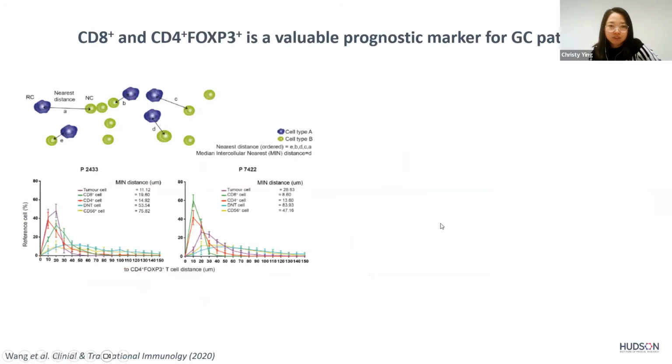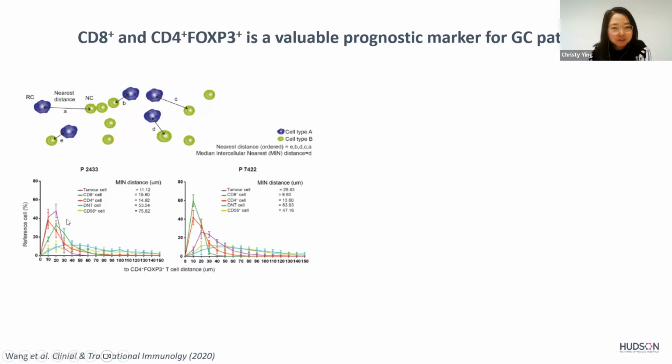With this background, we further did a distance analysis. We introduced a new algorithm that calculates the nearest distance between 2 cell types, and we could look at the distance between all the cell types that we labeled in the slides. Just to give you an example, this is the distance to the CD4 and FOXP3 double positive T cells.